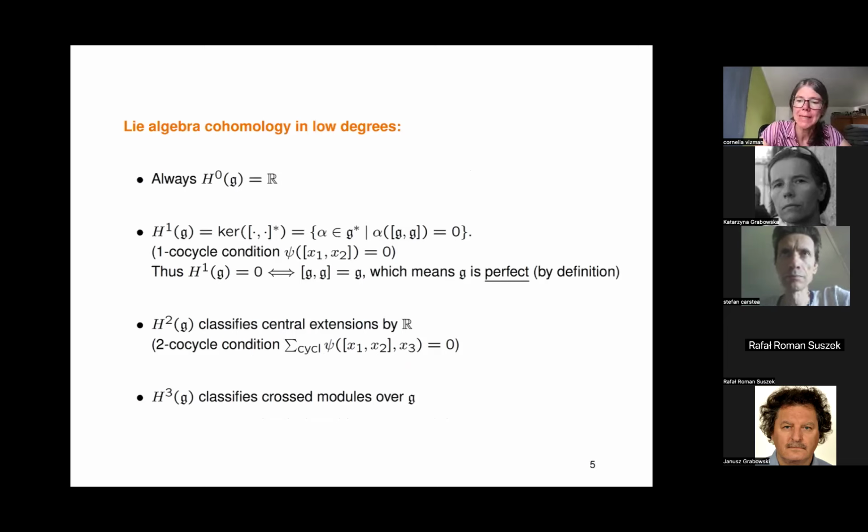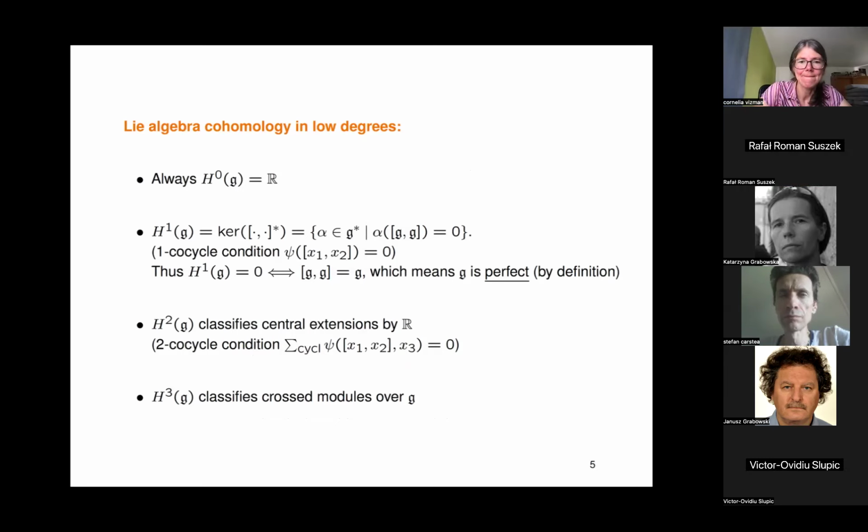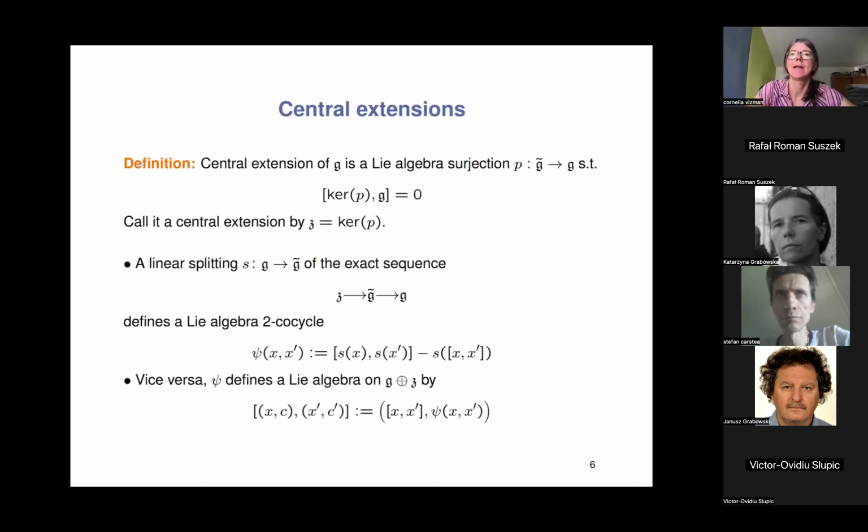Just a small interruption. There is this result by Bas and Kranz that is probably worth mentioning, which explains a systematic assignment of slim L-infinity algebras, higher Lie algebras, to classes in higher cohomology groups.